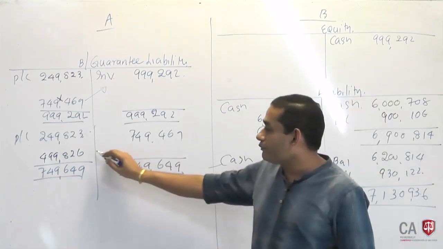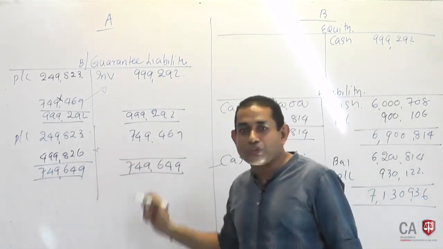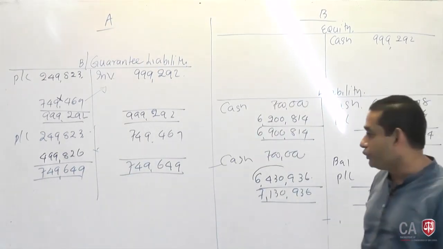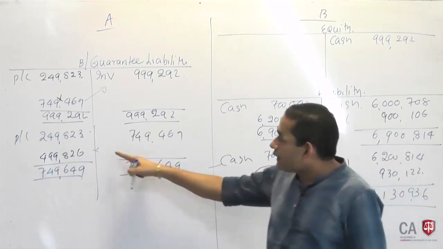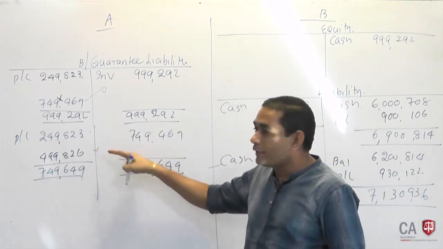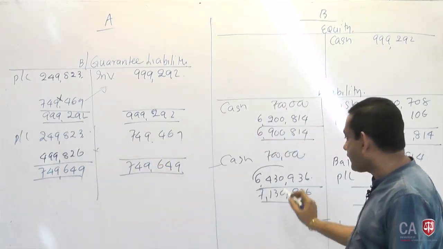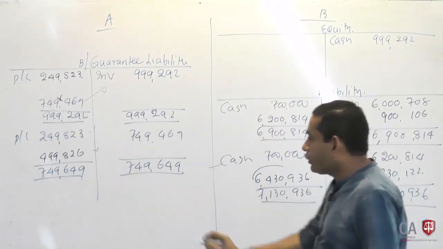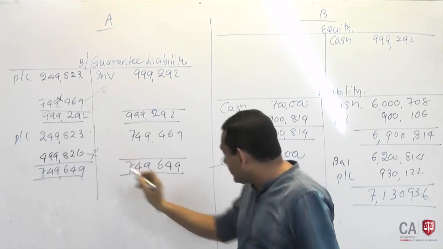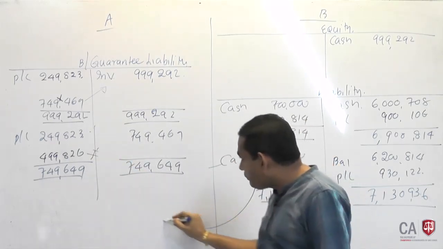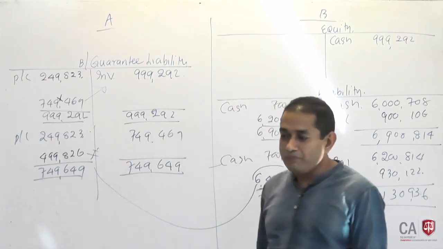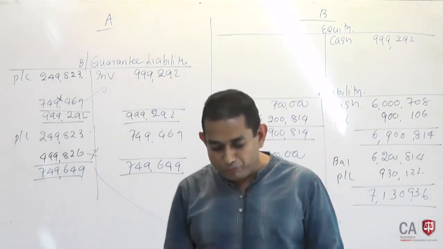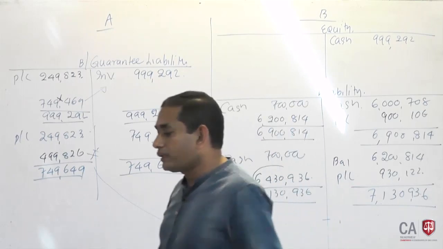A has to forget about being the best man and A has to immediately act upon as the groom, and now the responsibility and the liability of A is not the guarantee. Responsibility of the company A should be the bank loan, de-recognize this amount and immediately bring the bank loan as their liability. So, this is how it continues, and this is what you mean by contingent settlement provisions.